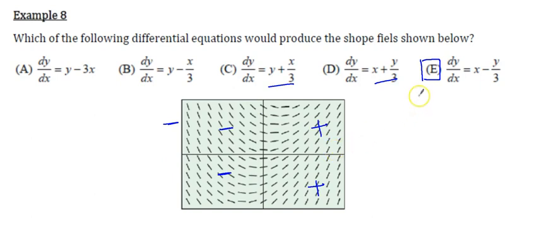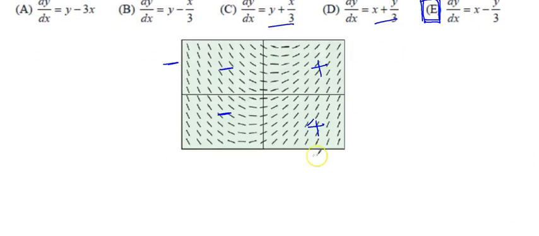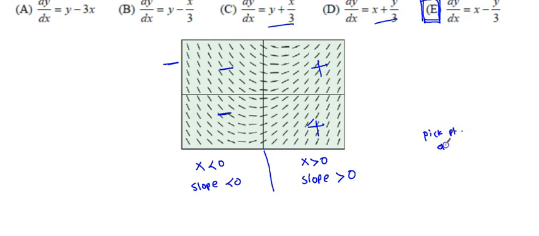So in this case, the answer is E. Now, if you need more explanation, I can write that here. If x is greater than 0, the slope is greater than 0. If x is less than 0, the slope is less than 0. And pick a point and check. That's how you have to answer.